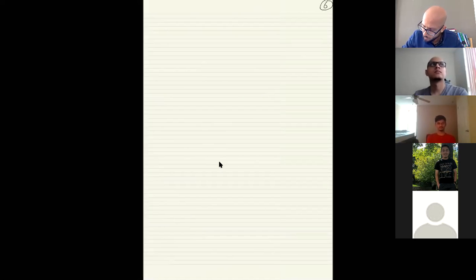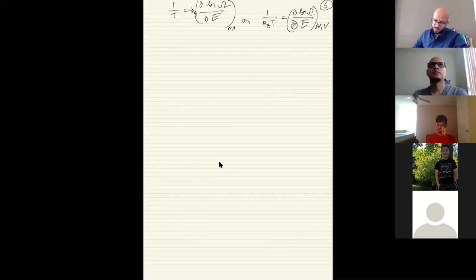We just showed how we can get temperature out of this omega. We know that 1 by T is equal to kB times partial ln omega by partial E at constant N, V, or 1 by kBT is equal to partial ln omega by partial E at constant N, V. This 1 by kBT shows up a lot in thermodynamics.